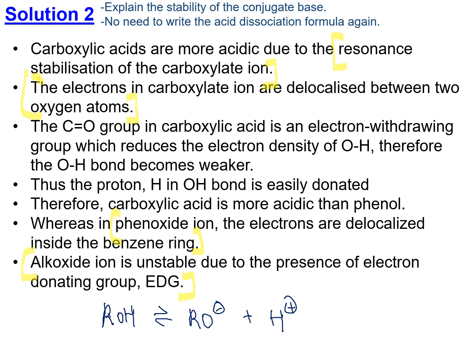For example, kalau let's say you tambah dengan water, jadilah H3O plus. Tapi ni kalau tak ada water, dia jadi macam ni kan. Okay, kat sini, dia jadi unstable. This alkoxide ion is unstable just because ada alkyl group sahaja. Dia ada electron donating group yang directly attached pada this alkoxide ion. So that's why the unstable dia jadi less acidic. Faham?